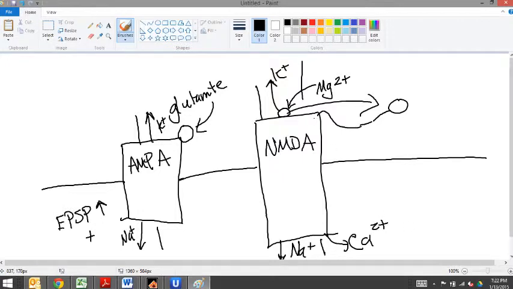And another difference is that at rest, NMDA receptors have no gating because they're blocked with a magnesium ion. Well, a magnesium particle. No, it's an ion. Yeah. And that magnesium ion has to be dislodged by the neuronal membrane reaching a certain voltage.